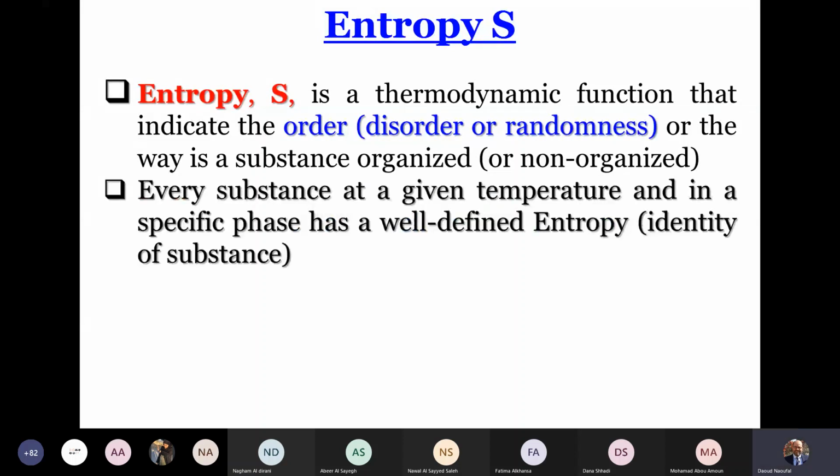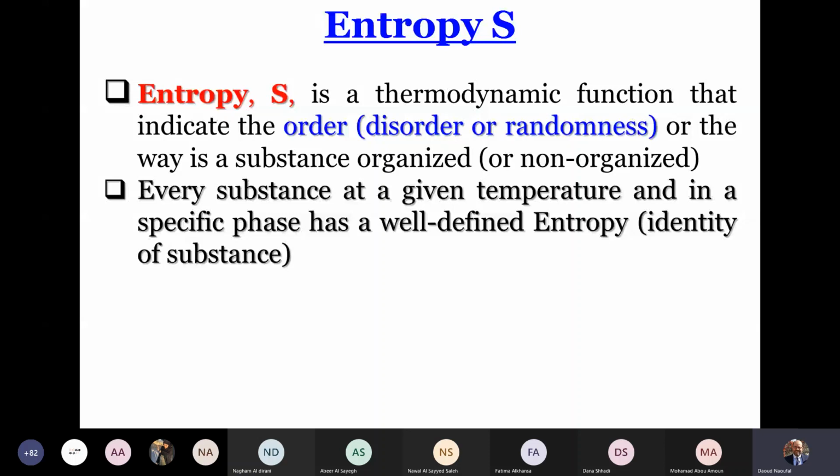So the entropy is an identity of a substance. Every substance at a given temperature and in a specific phase has a well-defined entropy. Till now, what are the identities of the substance?